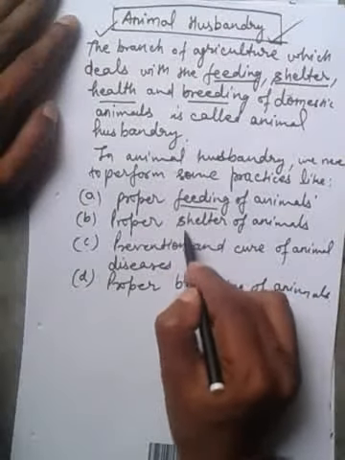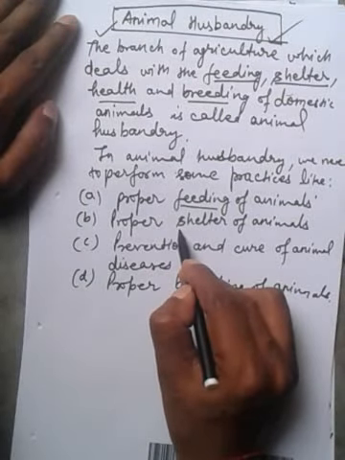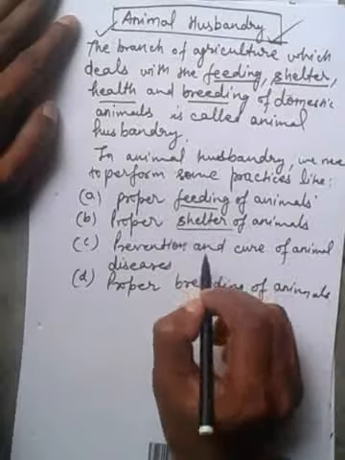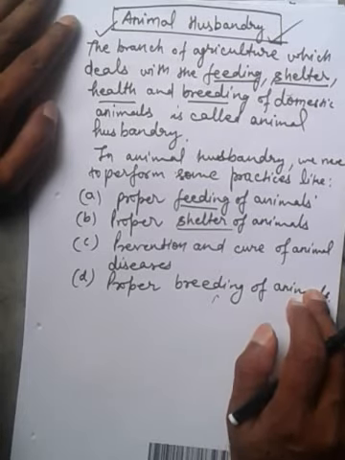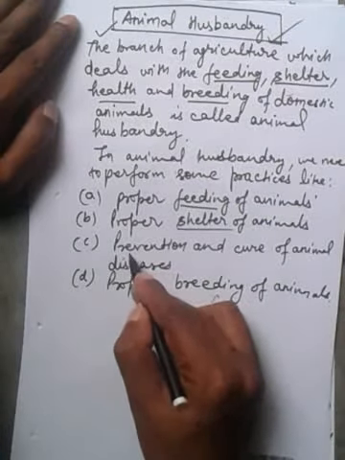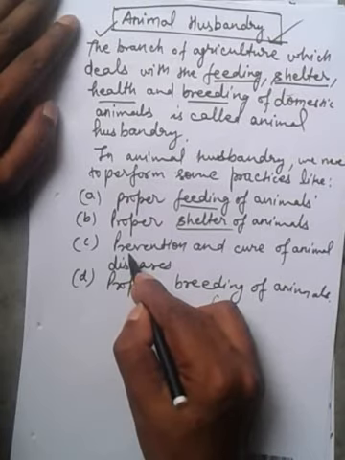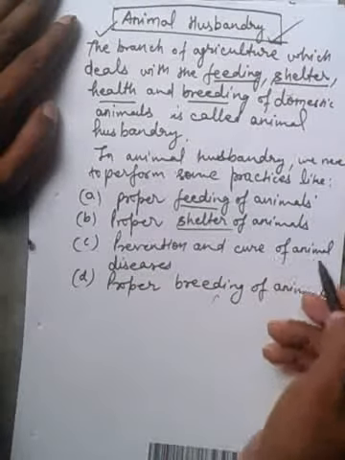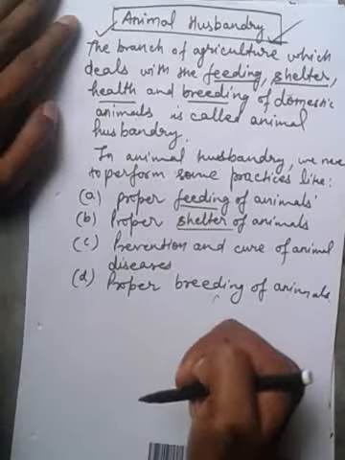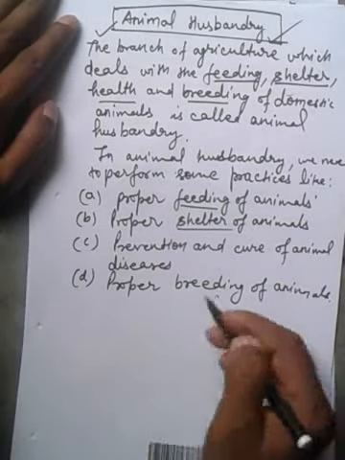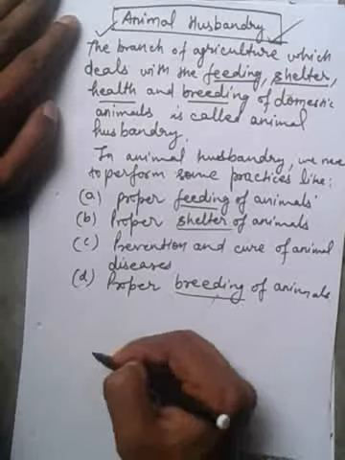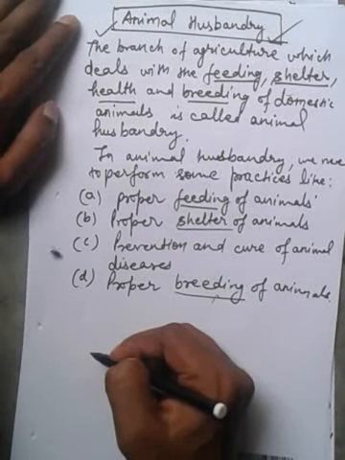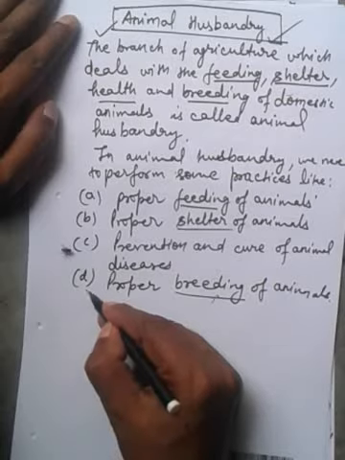They also require a proper shelter environment, and they get prevention and cure from diseases. And finally, an important point is breeding of animals, which is also done properly.